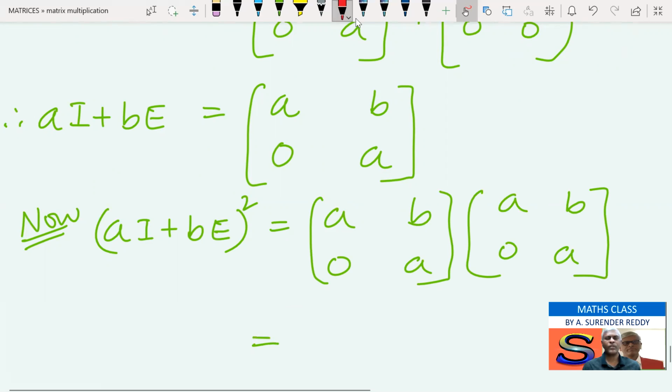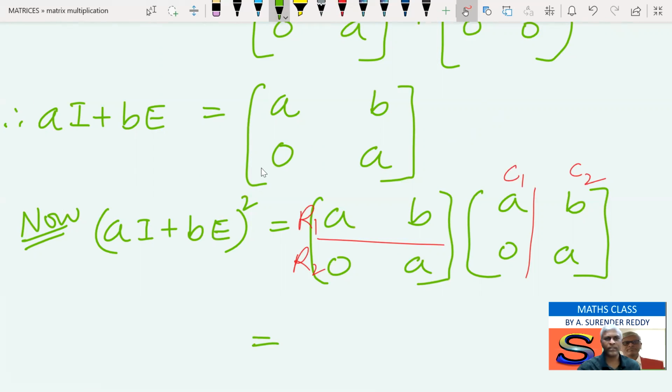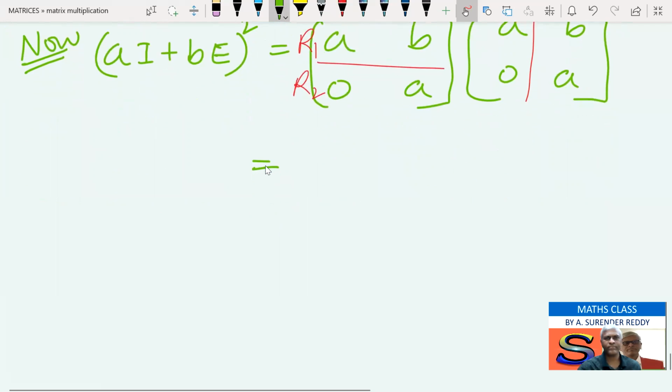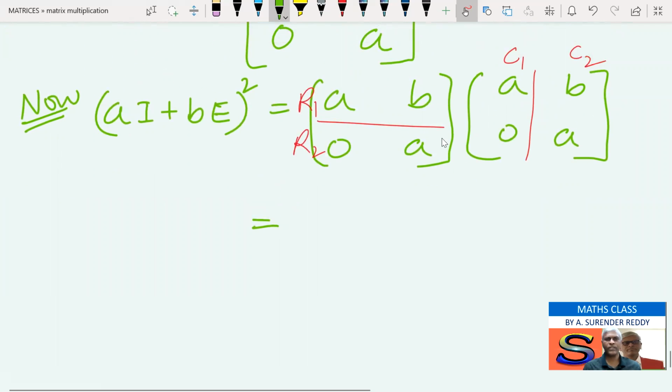We know the procedure of multiplication, rows with columns. Now let us multiply directly. R1 with C1: a into a, a square, b into 0 is 0.